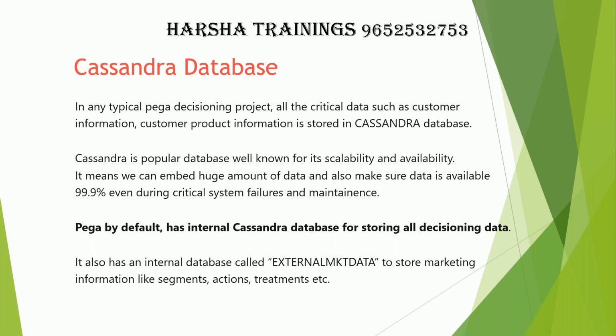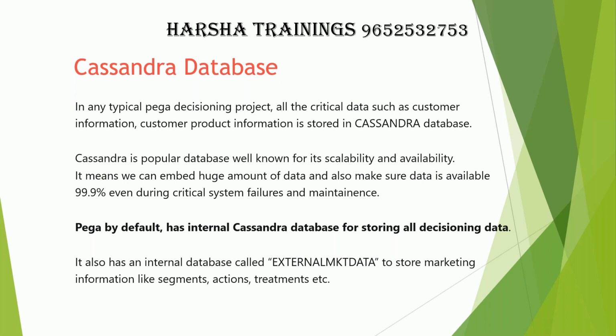So availability means how long your database is available. Most of the databases, whenever there is some system crash, the database will take a lot of time to recover, a lot of time to enable. But Cassandra database will guarantee you 99% of availability.